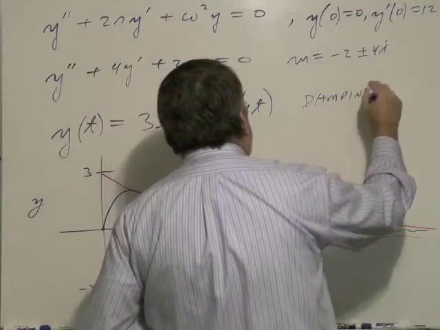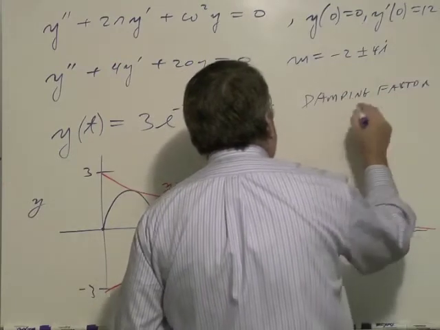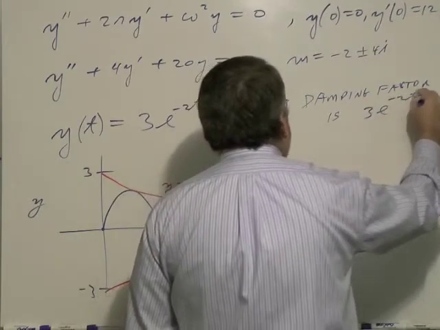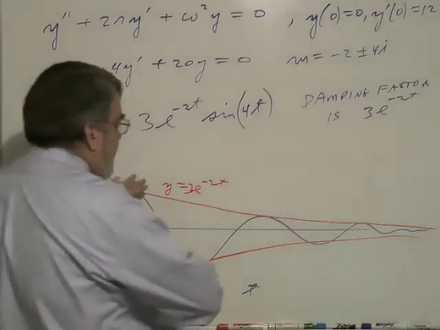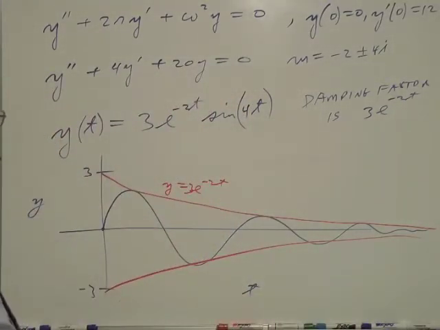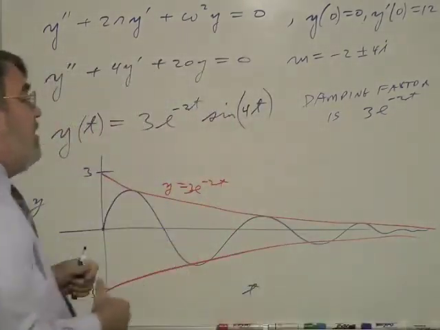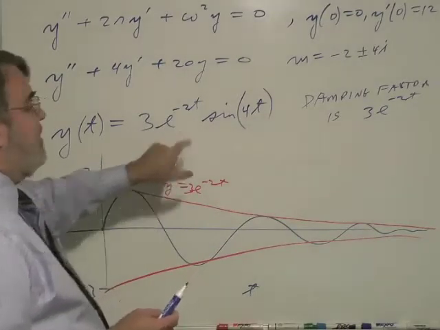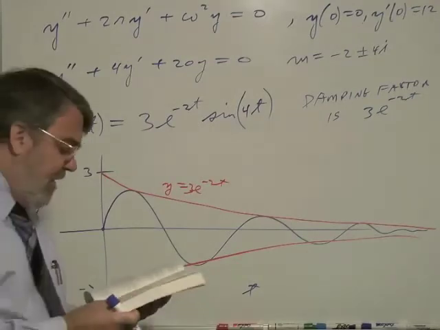This is one of the questions in part B. The damping factor is 3e to the negative 2t. Alright, so you want to think about the damping factor as sort of a boundary in which this oscillates, the sine wave occurs. And so it compresses the sine wave according to the boundary of that curve. That's called the damping factor. And it's just literally the coefficient of the sine function in this case.